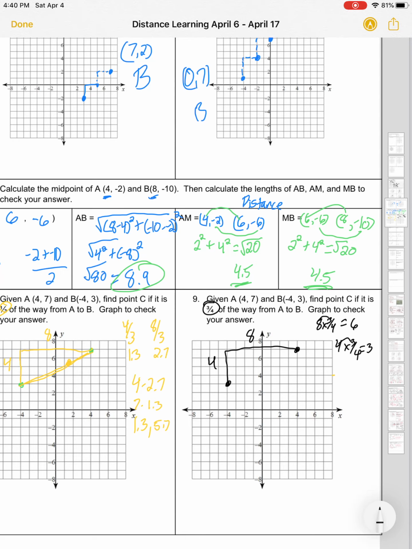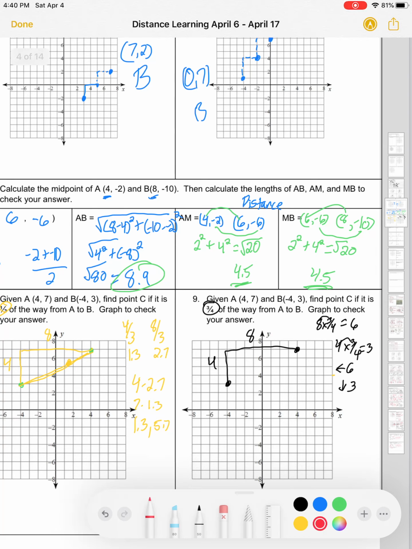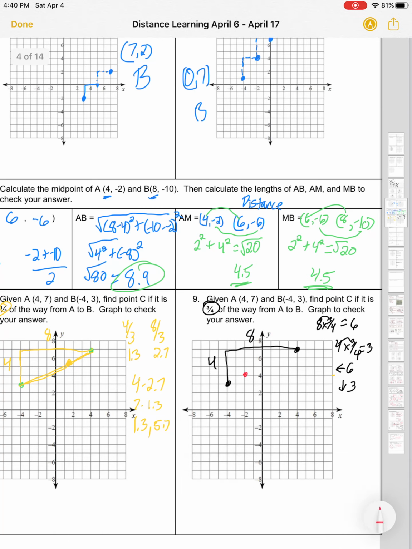Similar to the last scenario, we're going to go left 6, down 3. If you go left 6, that puts you at negative 2, then you go down 3 to put you at negative 2, 4, and if you drew the line, that would show you that this dot is roughly 3/4 of the way.